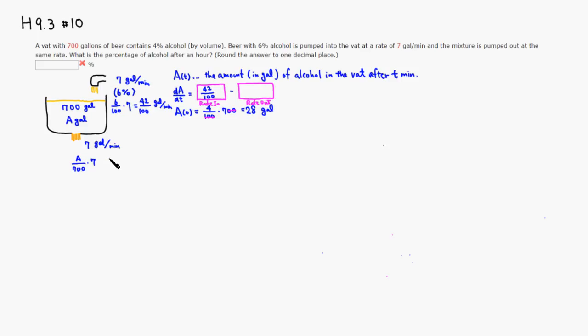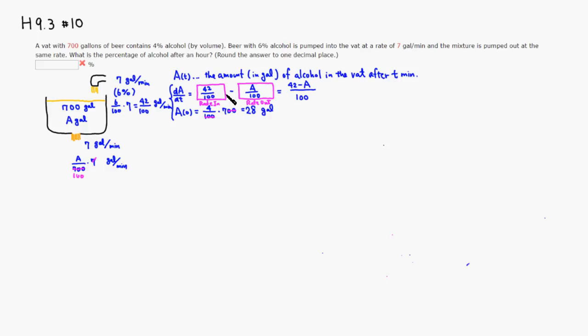The 7 and the 700 simplify, so we get A over 100. Taking the common denominator, we get 1 over 100 times 42 minus A. So we have the initial value problem set up, so let's solve.